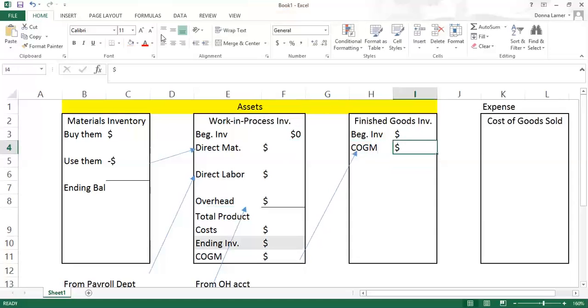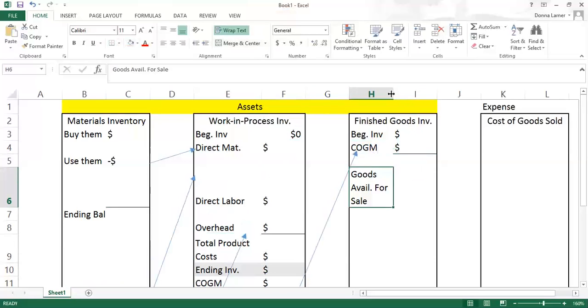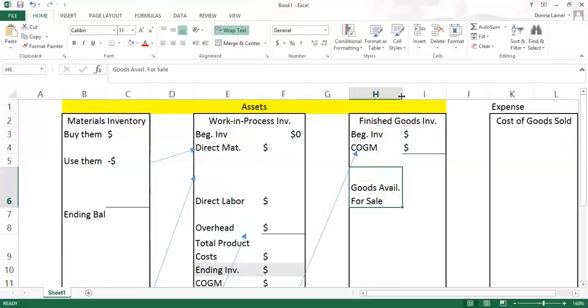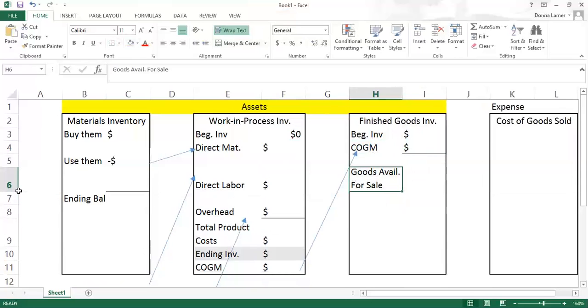And we will subtotal that and call the subtotal goods available for sale. That was what we would call the inventory balance that we have available to sell. What we had in the beginning plus what we made would give us what we have available to sell.